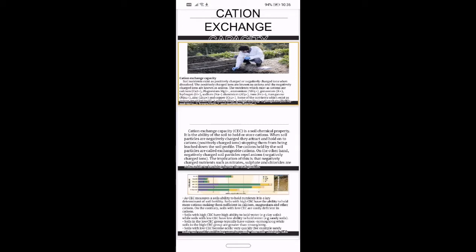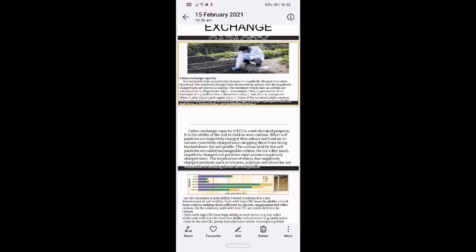Soil with low CEC becomes acidic very quickly, for example sandy soil, and would need liming more frequently than soil with high CEC.